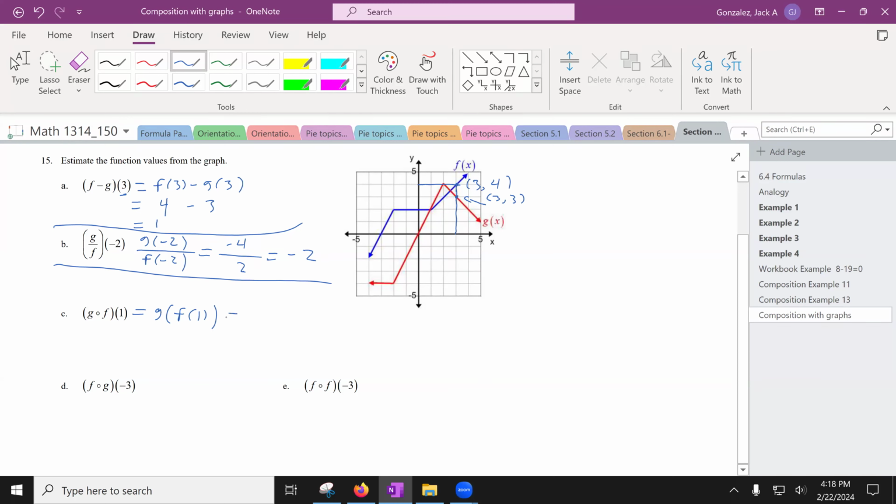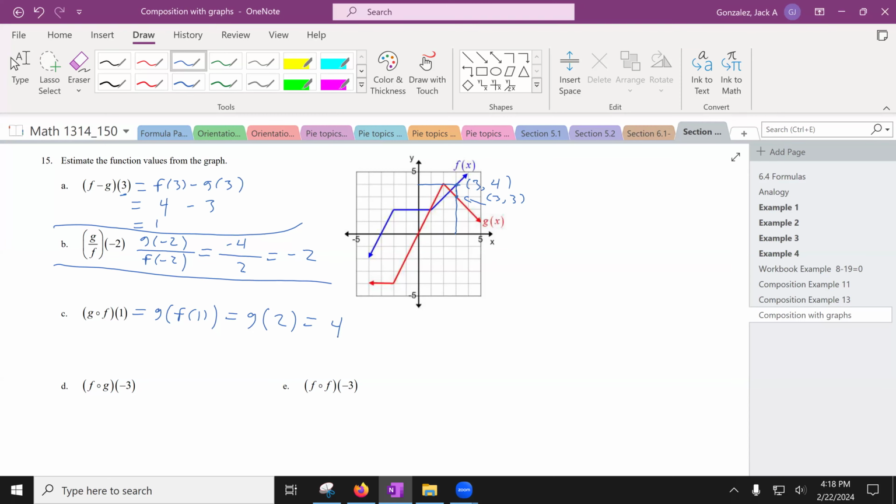So what is F of 1? Go find it on the blue. The 2 is the output. What is G of 2? 4. So the composition is 4.